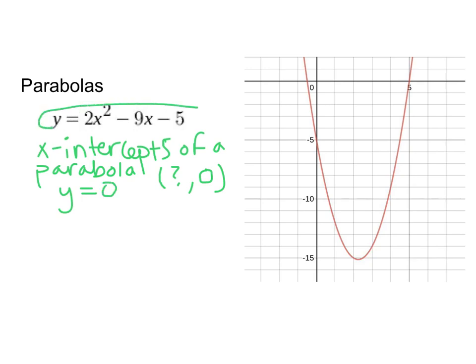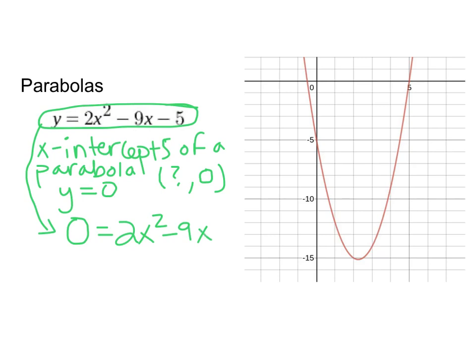So that means we can take the equation of our parabola and we can just replace the y with 0. So we can say 0 equals 2x squared minus 9x minus 5. Now looking at the graph, we can sort of see that it looks like our roots are, our x-intercepts are also called roots.